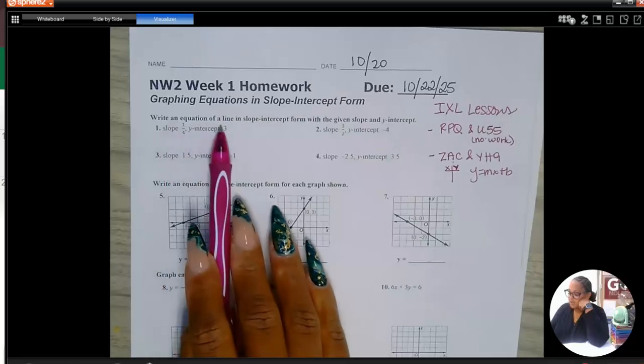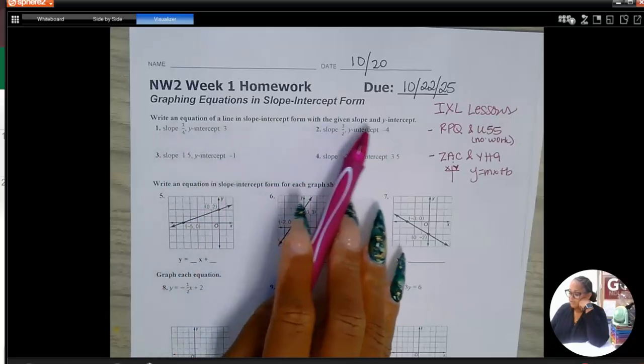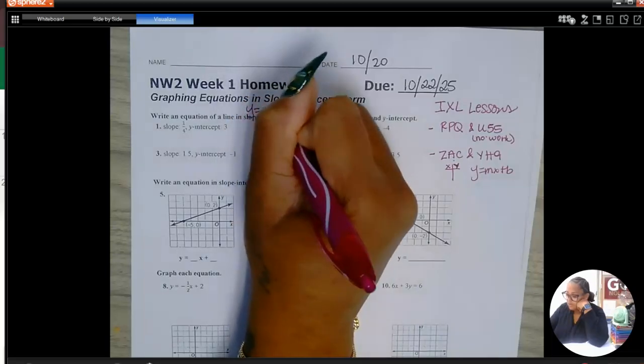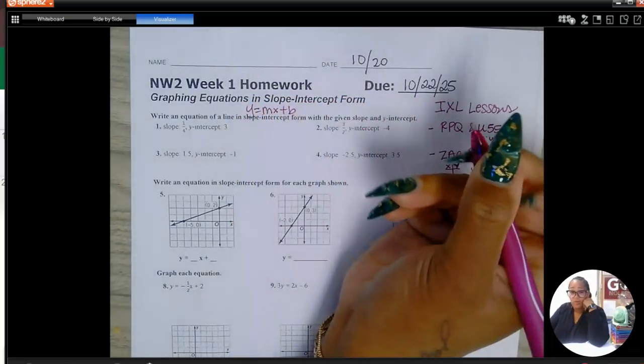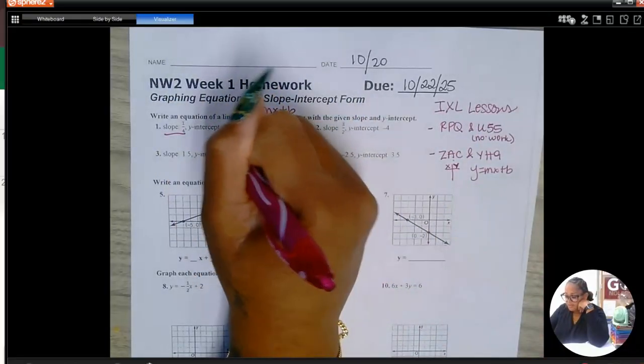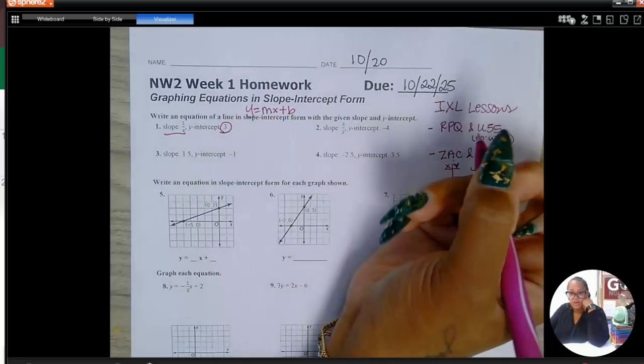It says write an equation of a line in slope-intercept form with the given slope and intercept. So this is y equals mx plus b. You must see a y and an x. The m is going to be replaced by the slope. The b is going to be replaced by the y-intercept.